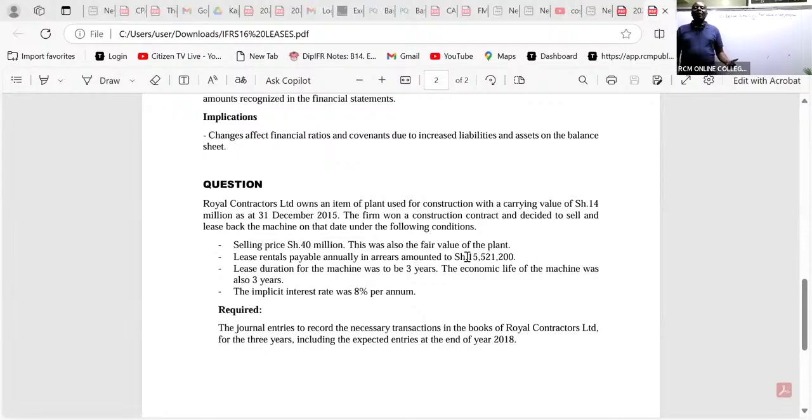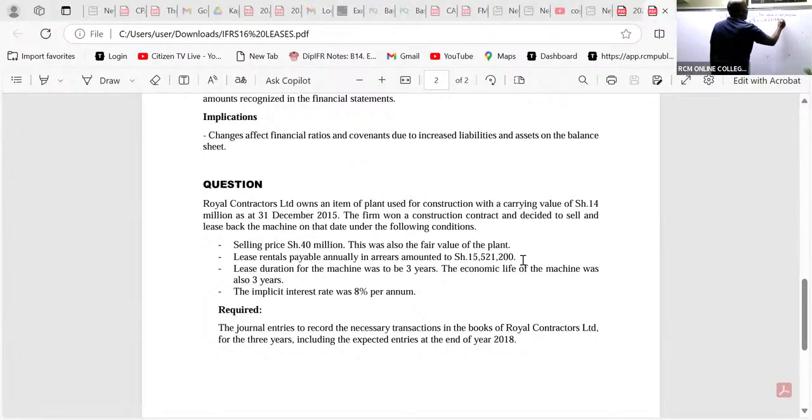So that concept of multiplying with 1 plus R will not apply here because this is paid in arrears. In this case we have the lease rental per annum of 15,521,200.